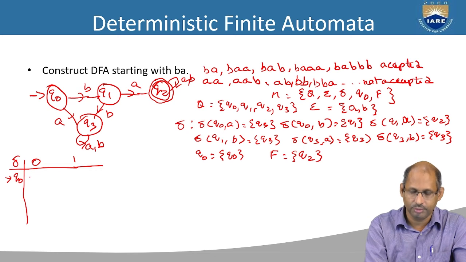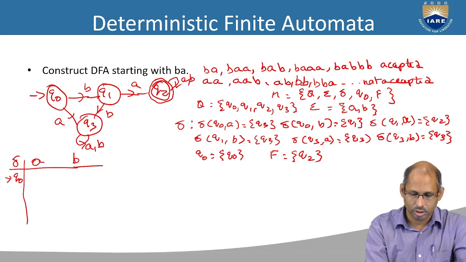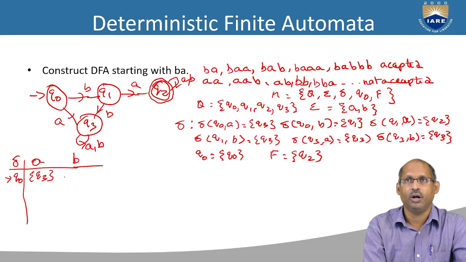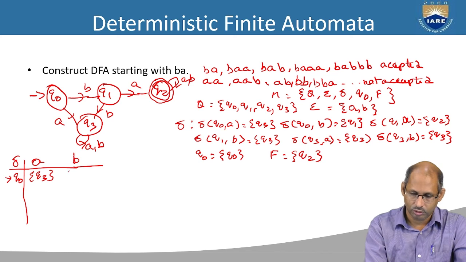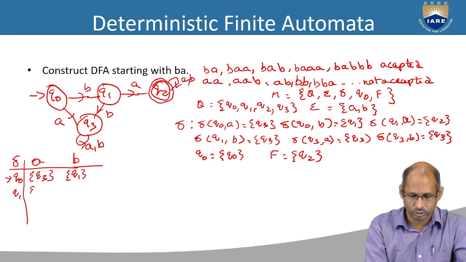The initial state is Q0. Q0 on A goes to the Q3 state. Q0 on B goes to the Q1 state.